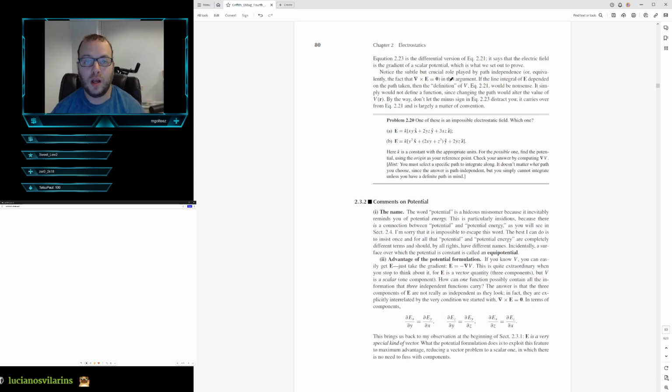So let's go over this problem. K is a constant with the appropriate units. Find the possible potential using the origin as a reference point.